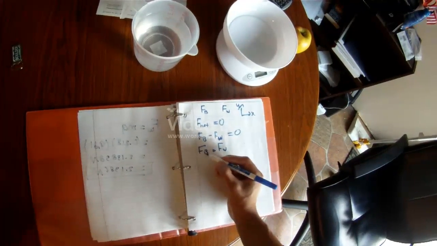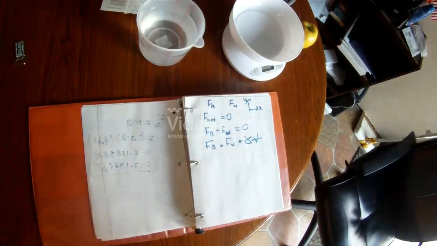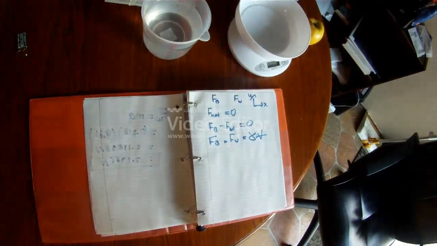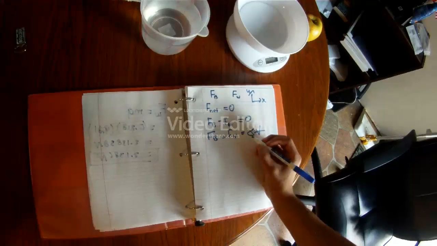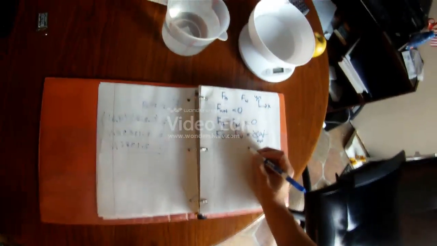You know that the buoyancy force is equal to gamma times the volume displaced. Gamma is of the fluid, so that's gamma of H2O, which is the specific weight.